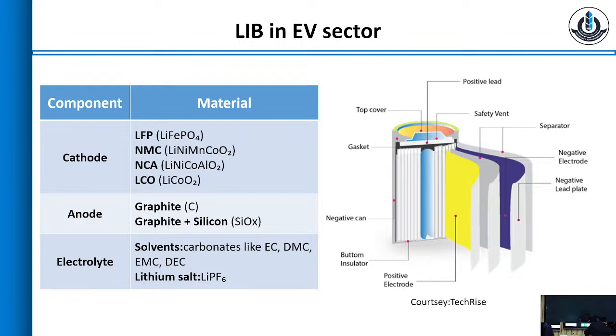So this is your EC, ethylene carbonate. You have a carbonate functional group along with the ethylene C2H2 component. Again you have dimethyl carbonate and ethyl methyl carbonate. Each of them basically has some functional groups attached to these oxygen atoms.